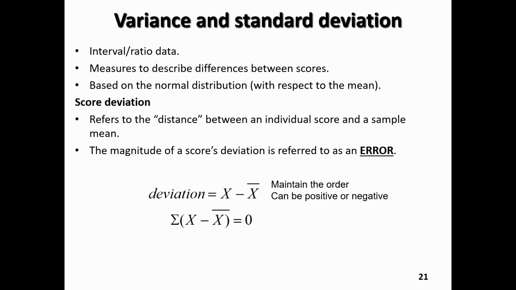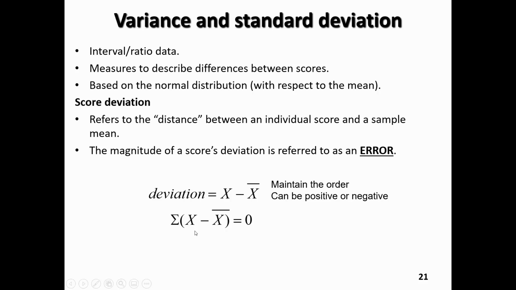One of the problems in calculating deviation scores by themselves is that if we add up all the deviation scores of, for example, 30 research participants in a sample, they will sum to 0, as some of the scores will be positive and the other scores will be negative.